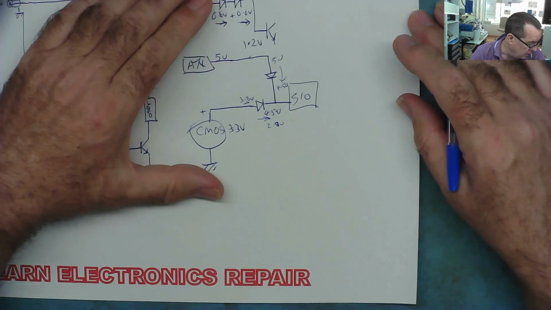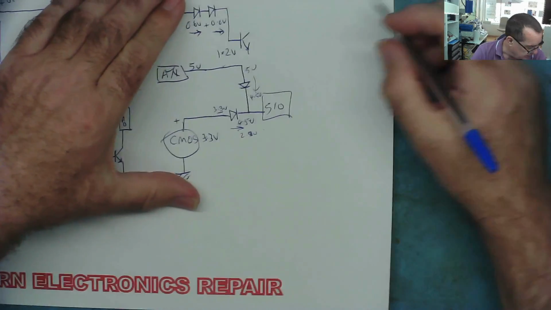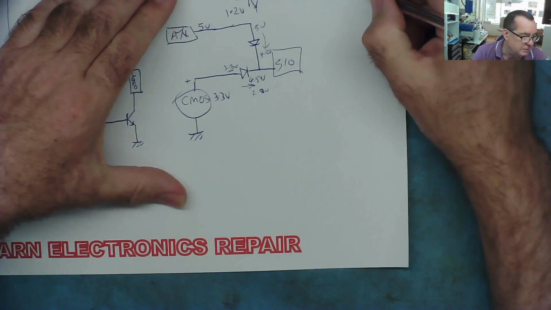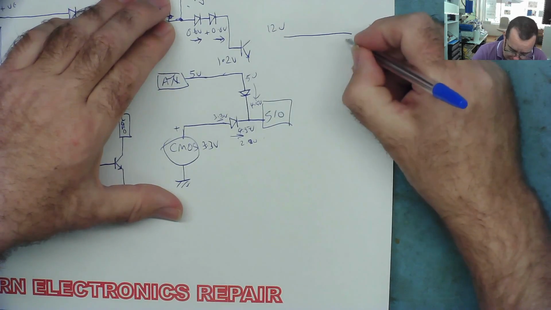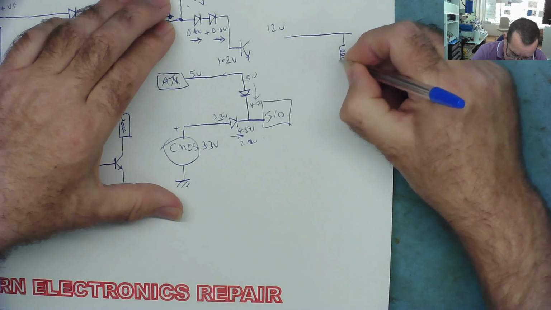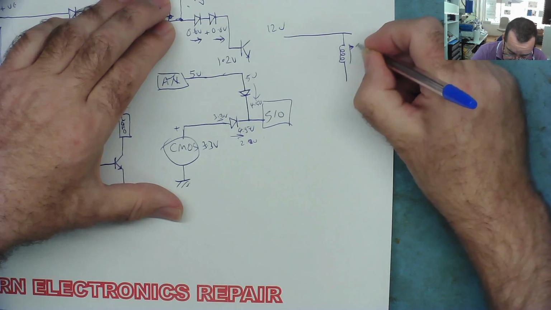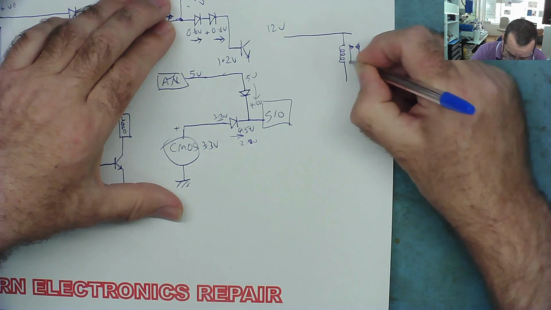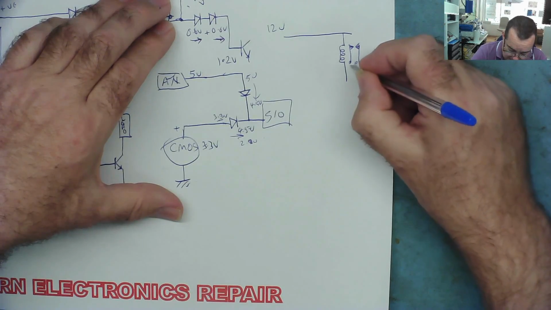I'll just do another one. This is quite an interesting circuit. We have, let's say, 12 volts, and we have a circuit with a relay, which is basically an inductor coil and some contacts. It magnetizes them and it pulls the contacts together.